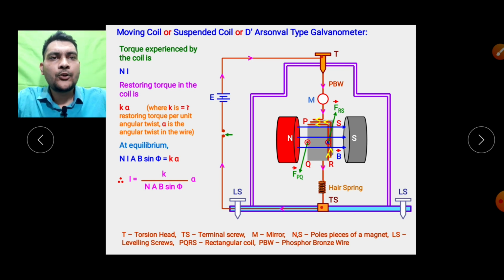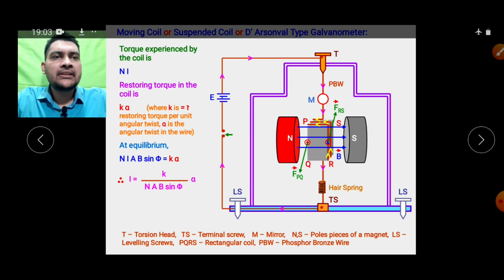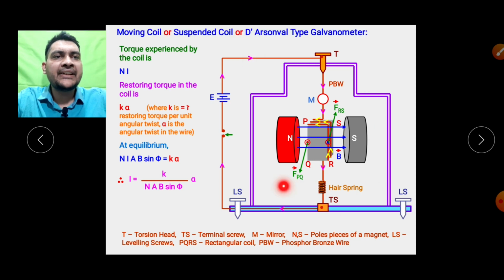So I hope this construction is clear to you. Construction of galvanometer, what are the main components? It has magnetic poles, north pole and south pole, to produce magnetic field. A rectangular coil is a closely wound coil made up of a wire of low resistivity, generally gold or silver, and it is wound over a material having high magnetic permeability.